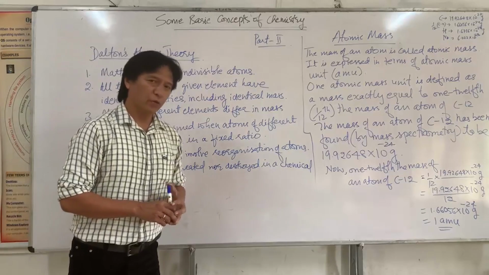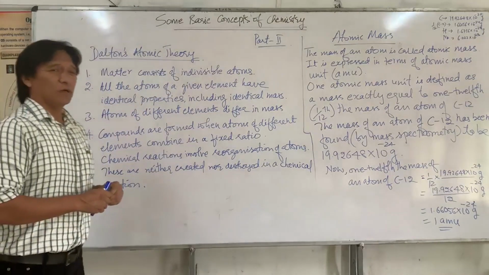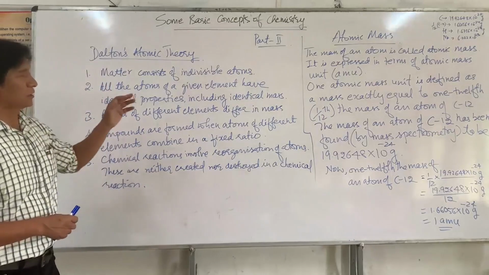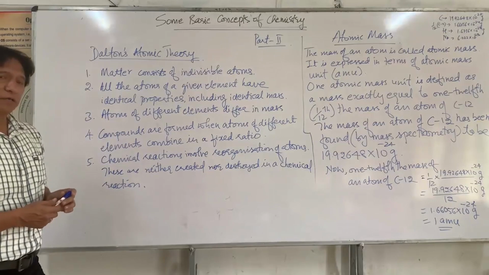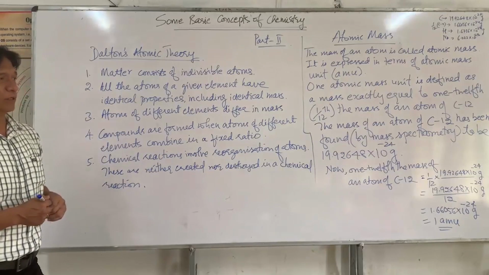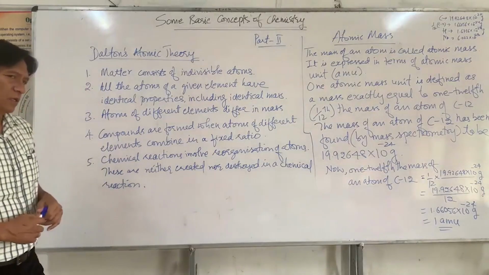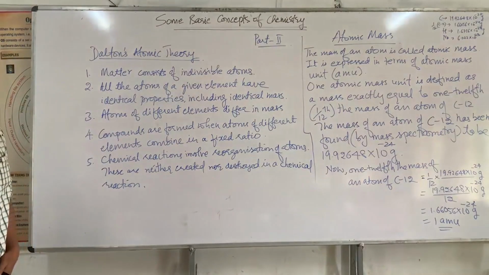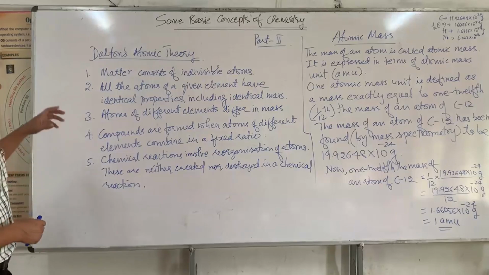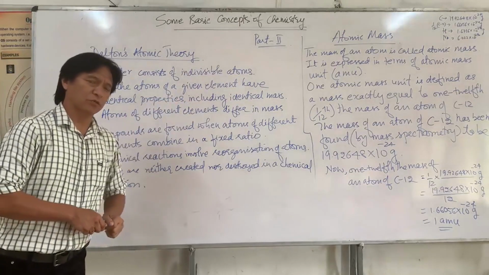So now, to begin with, we're going to start with Dalton's atomic theory. Now, in fact, we have studied a little bit about this Dalton's atomic theory in your lower classes, maybe in class 9. Here, the theory says that matter consists of indivisible atoms.